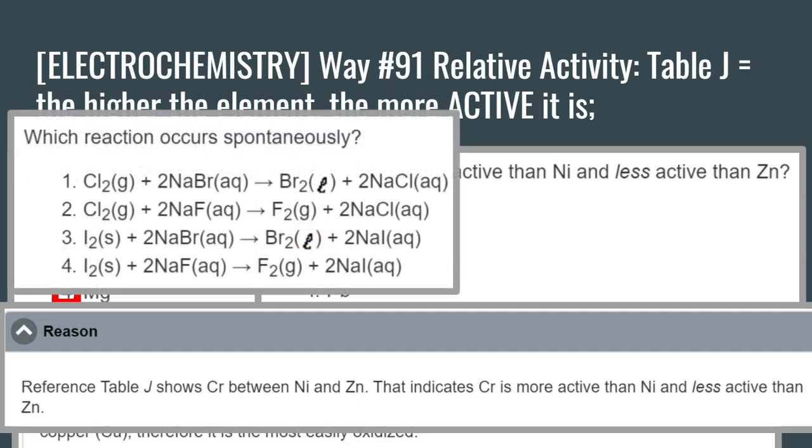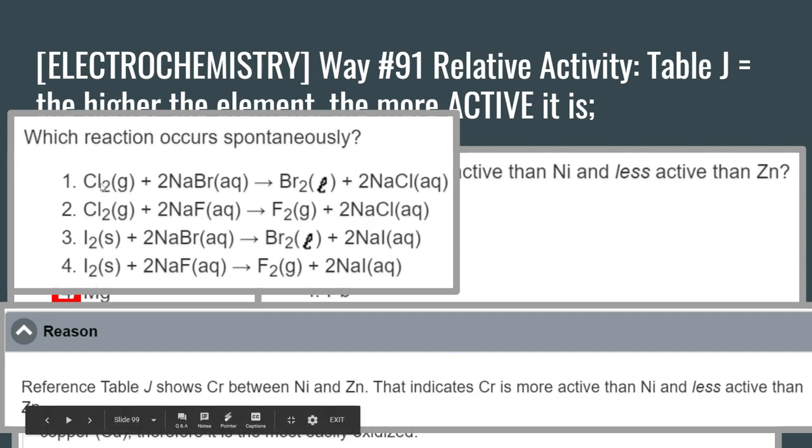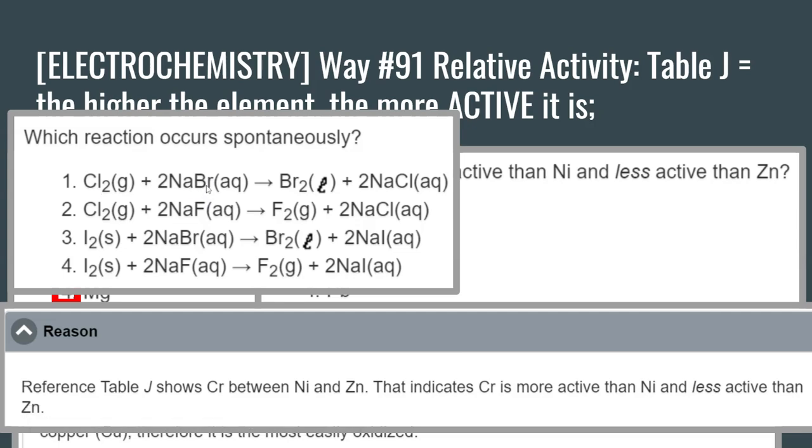Which reaction occurs spontaneously? Notice in the answer choices, we're taking nonmetals here and reacting them with a compound that contains a different nonmetal.